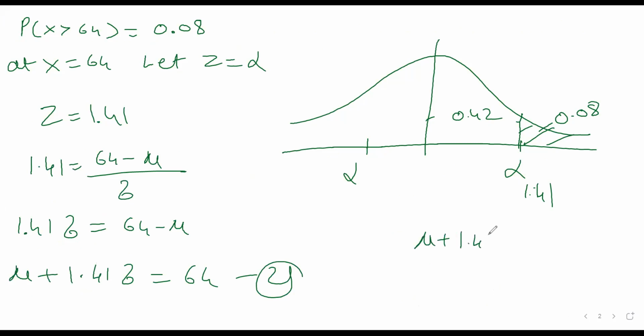Mu plus 1.41 standard deviation is 64 and mu minus 0.5 standard deviation is 45. I'll subtract.